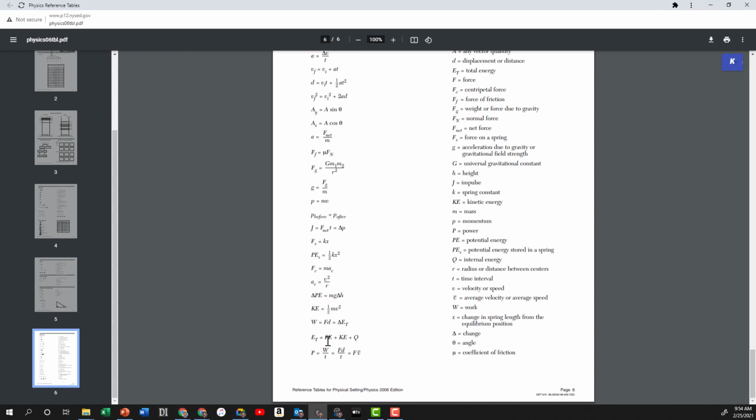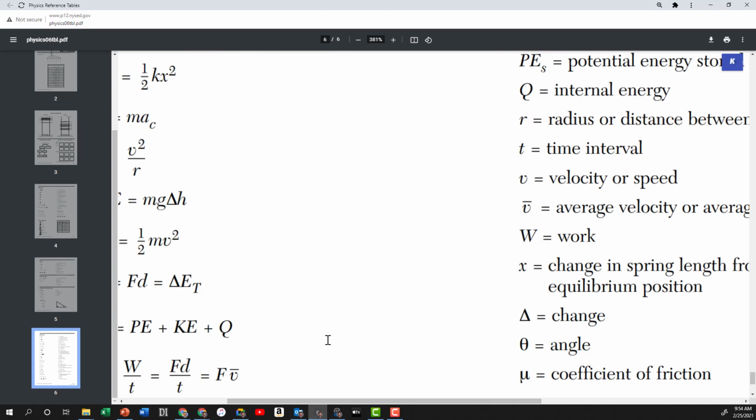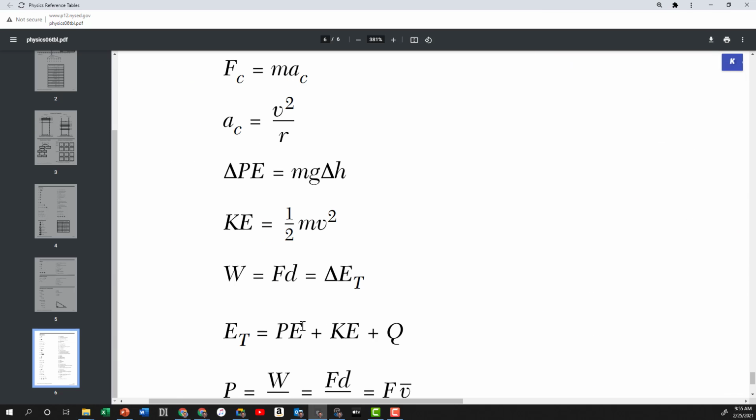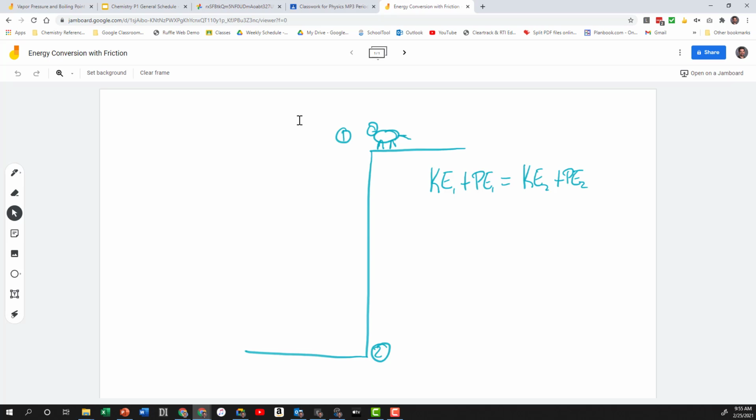It says total energy is PE plus KE plus Q. We're ignoring Q simply because there's no friction involved. So KE plus PE equals KE plus PE at both positions, because that is the total energy, and the total energy doesn't change from one position to the other.